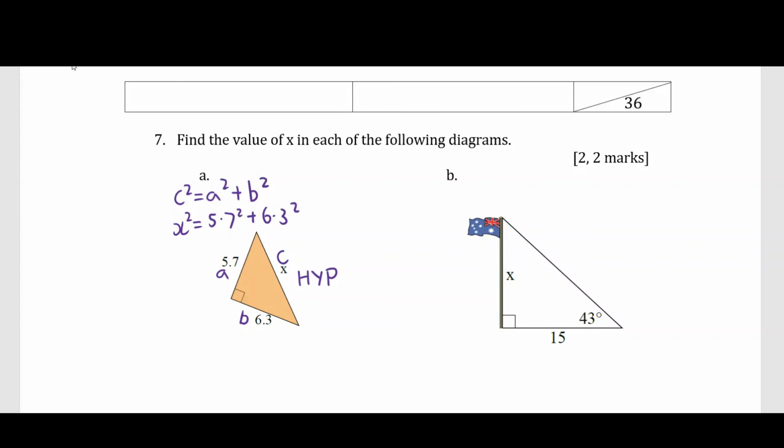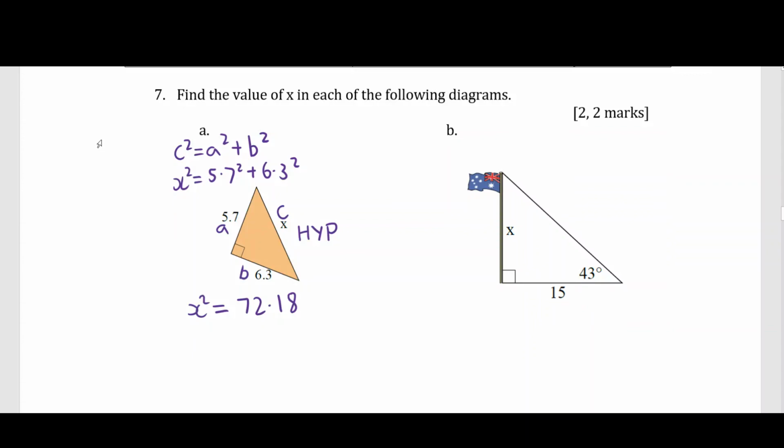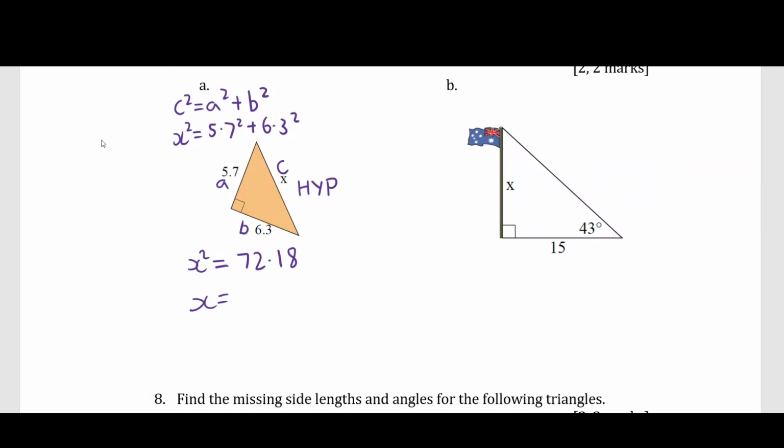Then solving, 5.7 squared plus 6.3 squared is, so x squared is going to equal 72.18. X equals the square root of 72.18.